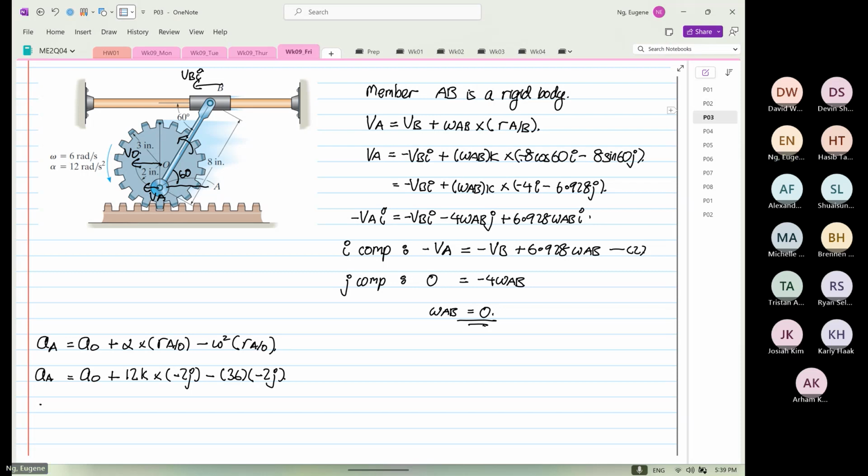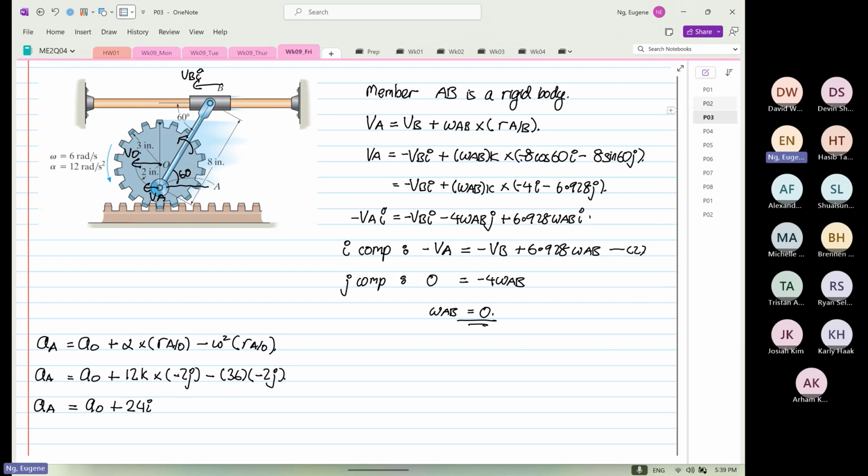Okay. So we know that acceleration at point A is equal to acceleration at point naught plus K cross J is what? Is negative. So this is 24I. K cross J is negative. There's a negative over here.